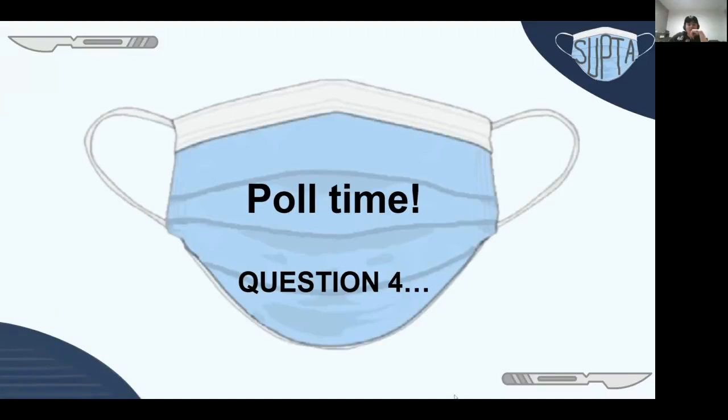So we're going to do our fourth poll. A 25-year-old male is admitted to the orthopedic ward for recovery after fracturing his fibula after falling from a playground swing in the middle of the night.